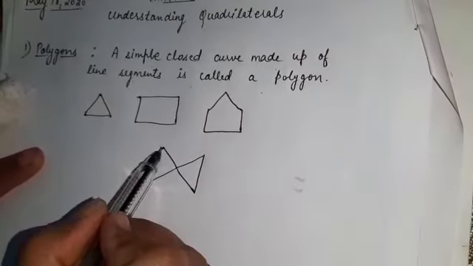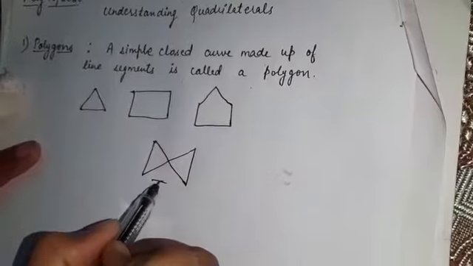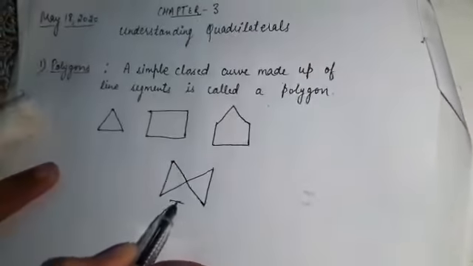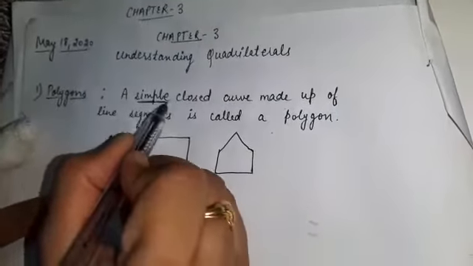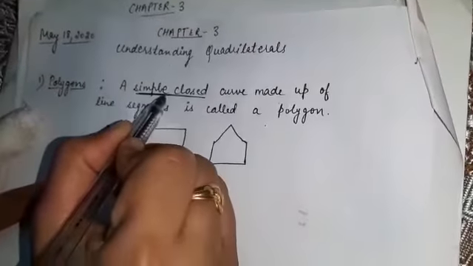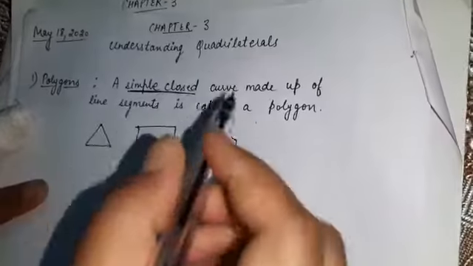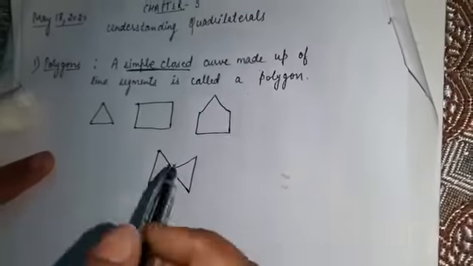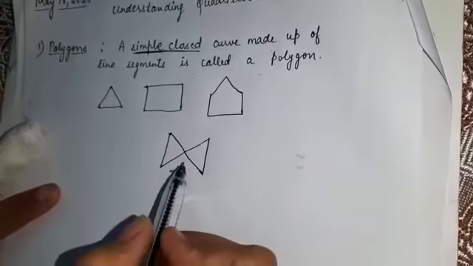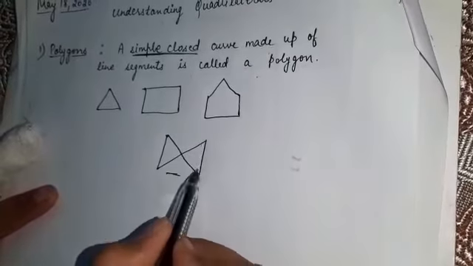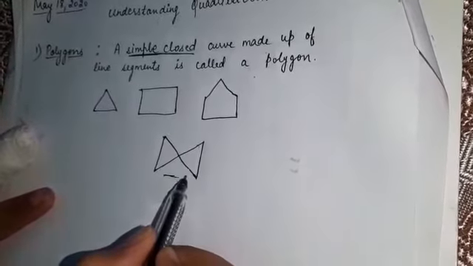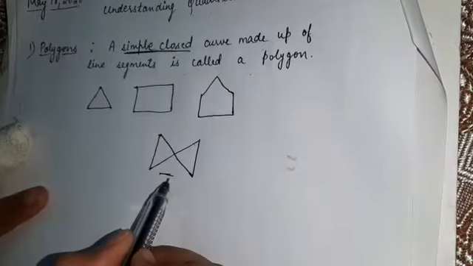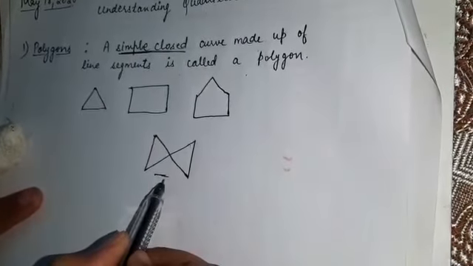at the same point, but this figure is not considered as polygon because the word simple closed curve is mentioned here. This can be called a closed curve, but it cannot be called a simple closed curve. Whenever in any figure the lines of the figure are crossing itself, then it cannot be called a simple closed figure.